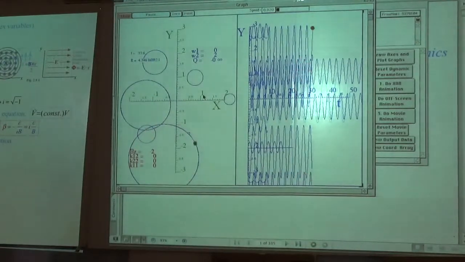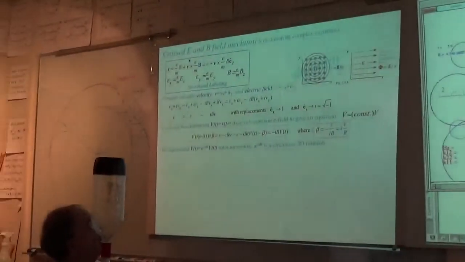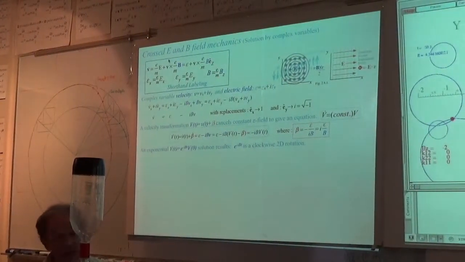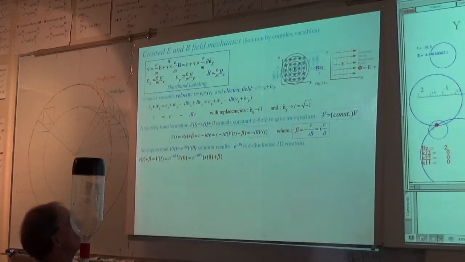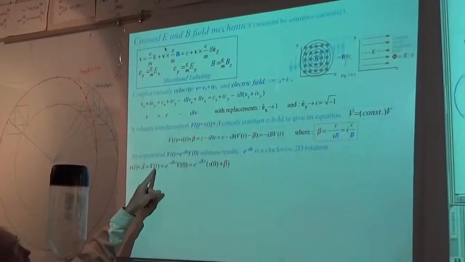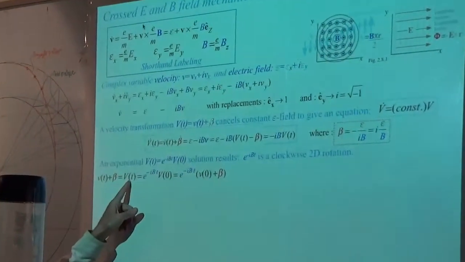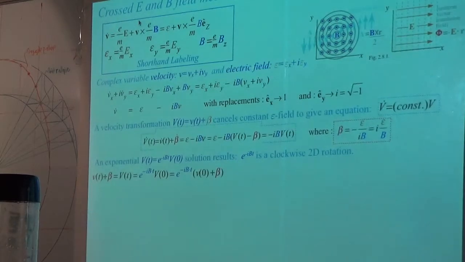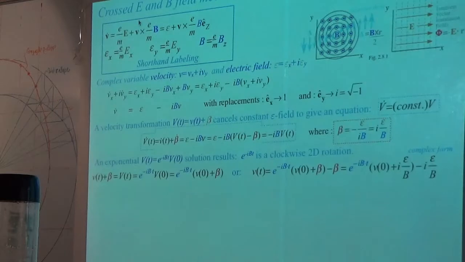And what we'd like to see is what's the effect of turning on the electric field, okay? And on this guy right here, the Vt plus beta is this V right here, and this V right here is the initial V0 plus beta. So we'll go ahead and look at that. There's the solution right there for the general case of having an electric field in some direction. It can be any direction, obviously.